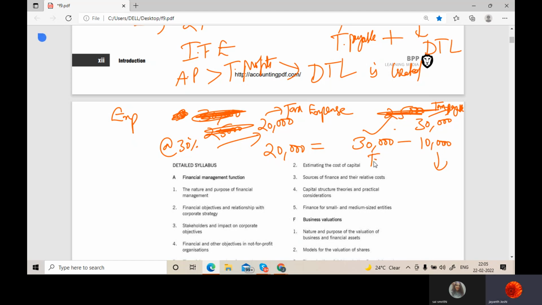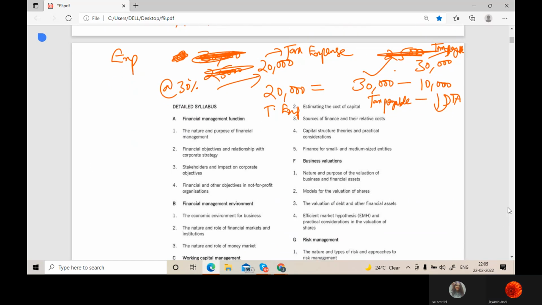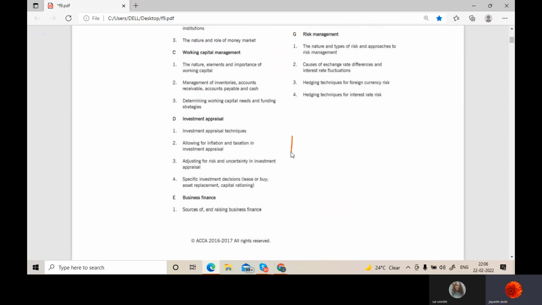So tax payable minus deferred tax asset would give me tax expense. I will write it again neatly. Income tax expense is equal to tax payable plus DTL minus DTA. Actually, this is not plus, this is change in DTL minus change in DTA.